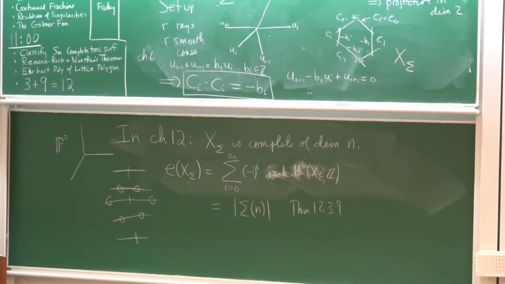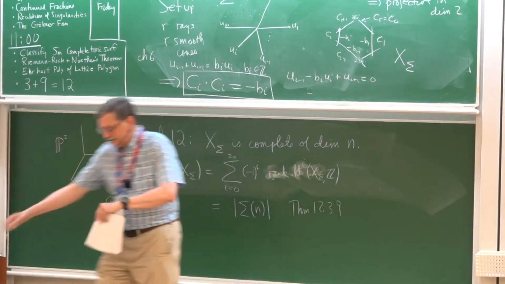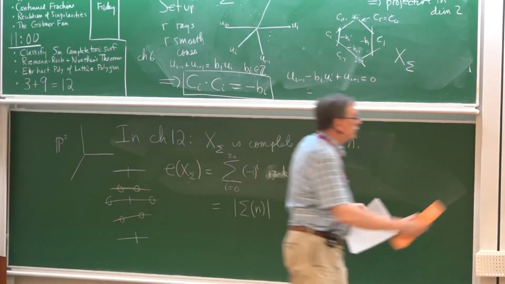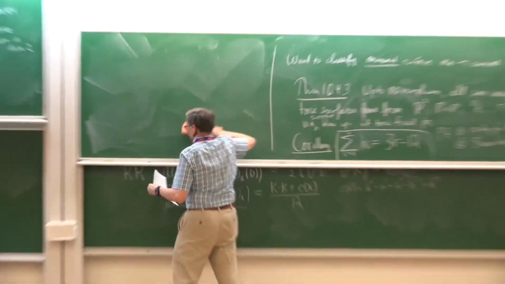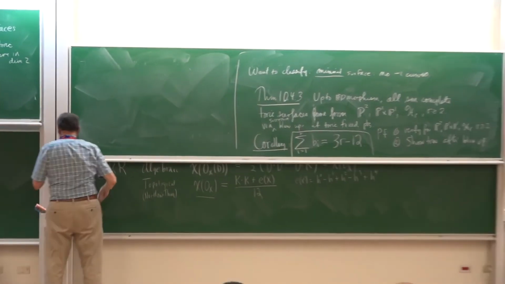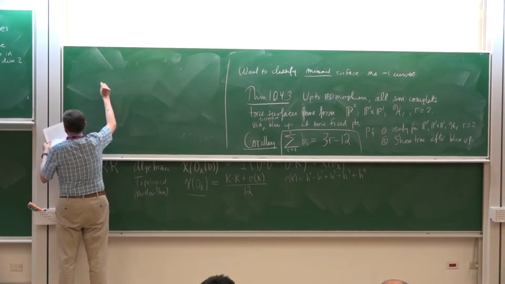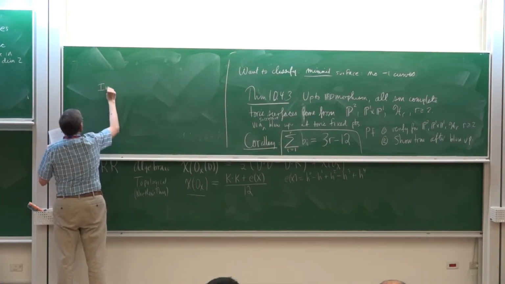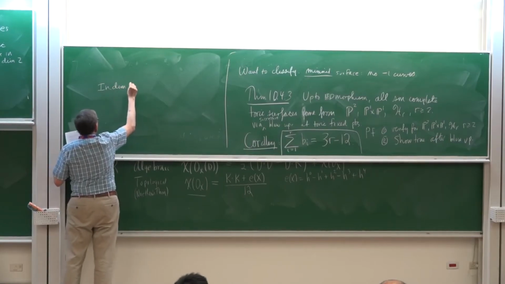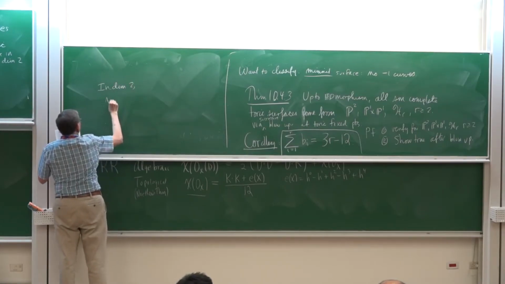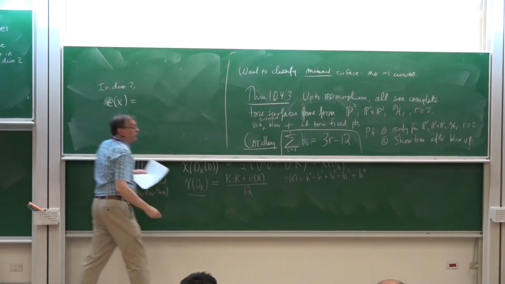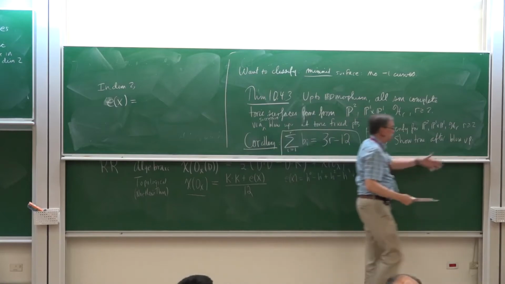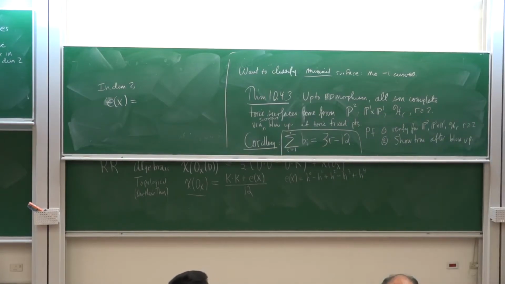I'm keeping that on the board there. And so what we get in this case, in dimension 2, is we get our E of X, because remember X is our smooth toric surface.